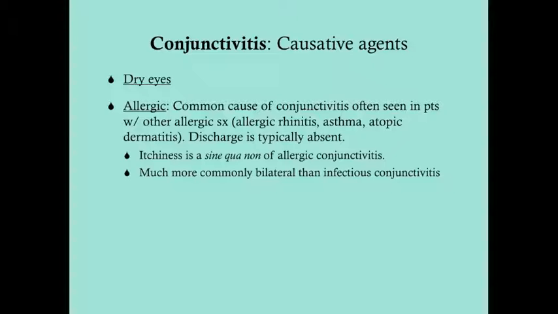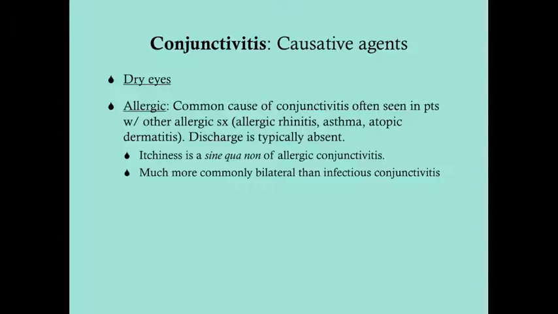Allergic conjunctivitis is another common cause of conjunctivitis as seen in patients. Usually you'll be able to elicit a history of other allergic symptoms, so allergic rhinitis, seasonal allergies, asthma, atopic dermatitis. In allergic conjunctivitis, discharge is typically absent. However, you may confuse tears for discharge.